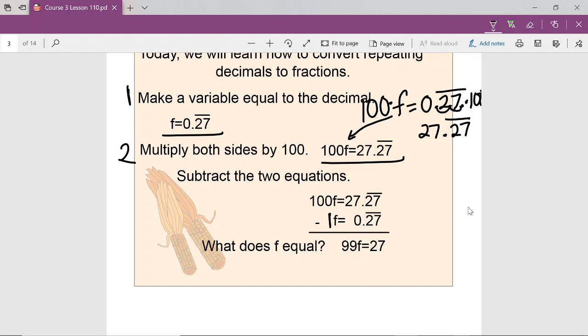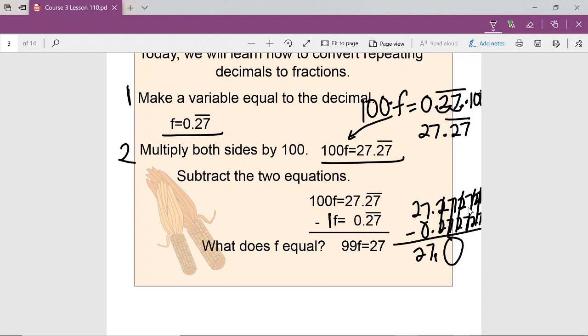And if I have 27.27 repeating, and I'll write out some of these repeating numbers, minus 0.27 repeating, it ends up that when we subtract these, every single one of those 2s and 7s in those decimal places cancel out. It's going to be 0 over here. But we still have 27 minus 0, so we get 27.